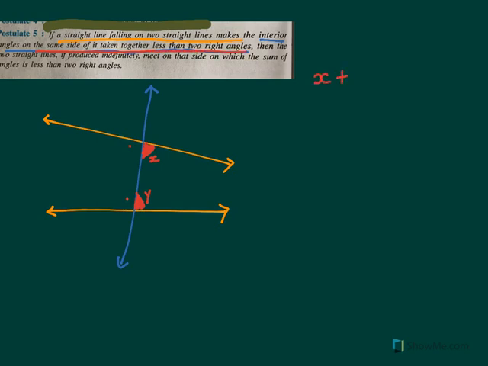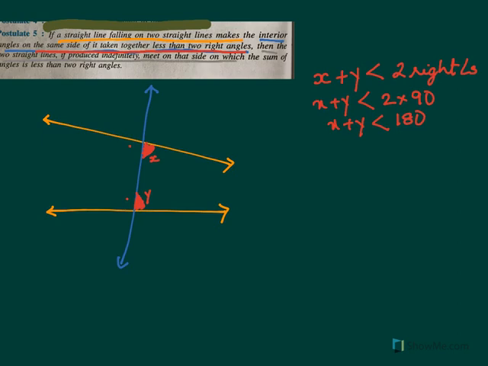It means if X plus Y is less than 2 into 90, that is, less than 180, then the 2 straight lines, if produced indefinitely, meet on that side. So I am going to produce these 2 lines indefinitely. They will meet on this side. See, they intersect at this point.